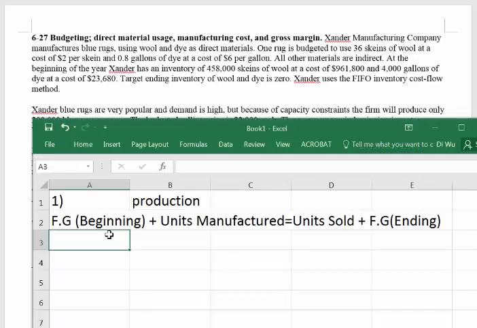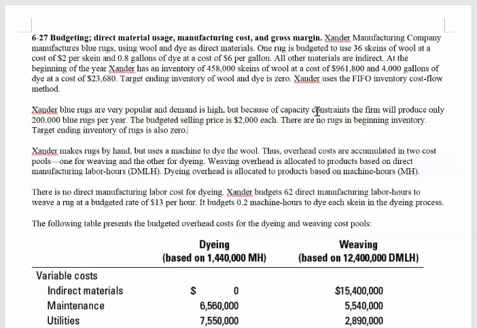So I'm going to put a 0 here, then plus units manufactured, which I'm looking for, should be the same as units sold. What is the number of units sold? If you go back to the question, it says the racks are very popular and the demand is high, and because of capacity constraints, the firm will produce only 200,000 blue racks per year, and they will be all sold.